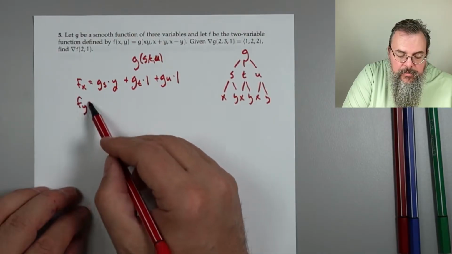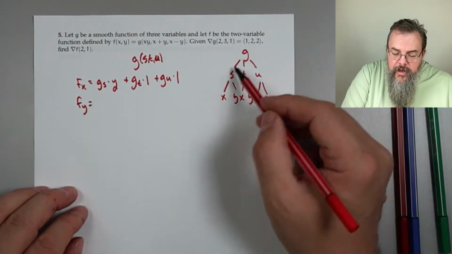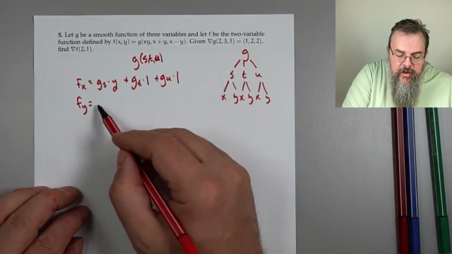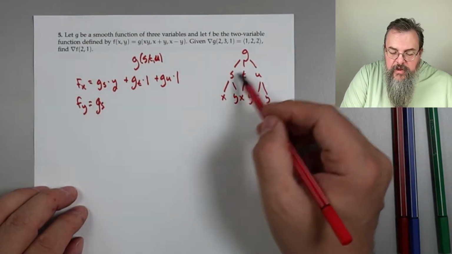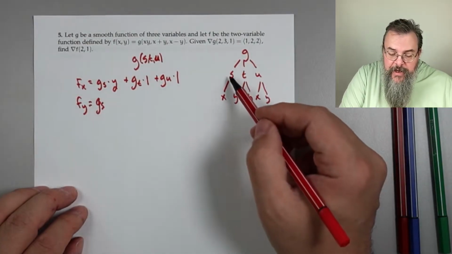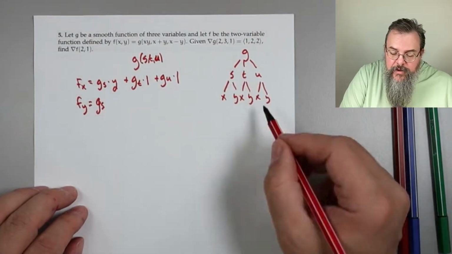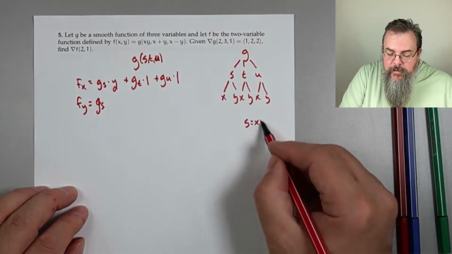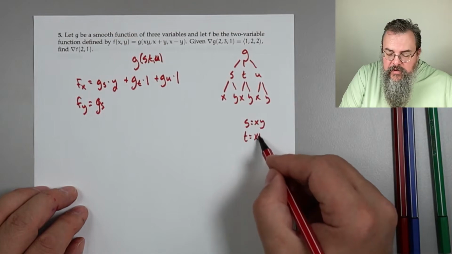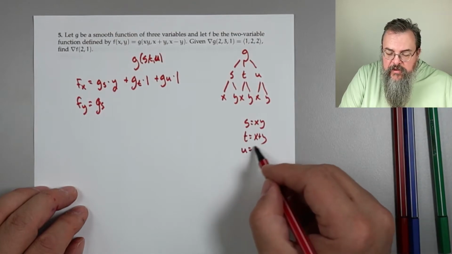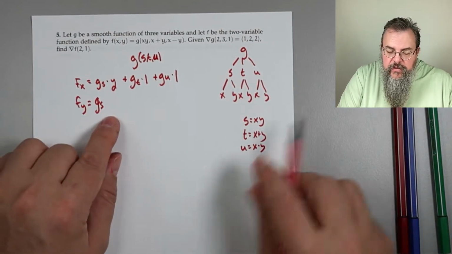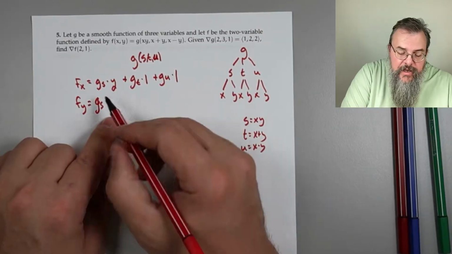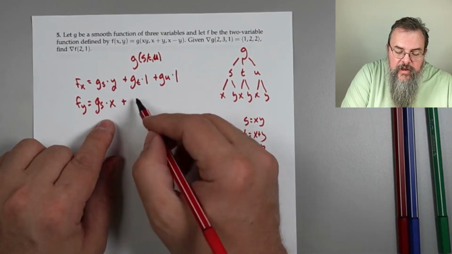Similarly, for f sub y, follow it down. g sub s times s sub y. We're thinking s is x times y, t is x plus y, u is x minus y. So the derivative of s with respect to y is x.